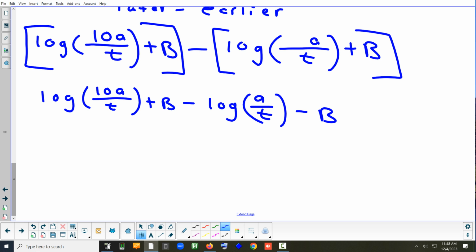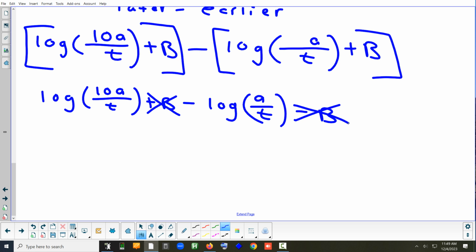And what happens when you start to combine like terms? The B cancels out, as it should, because the B was the same later and it was the same earlier, so it shouldn't have any effect on the problem. So it should disappear. Now, what else was the same earlier on and later? T, that should disappear too.